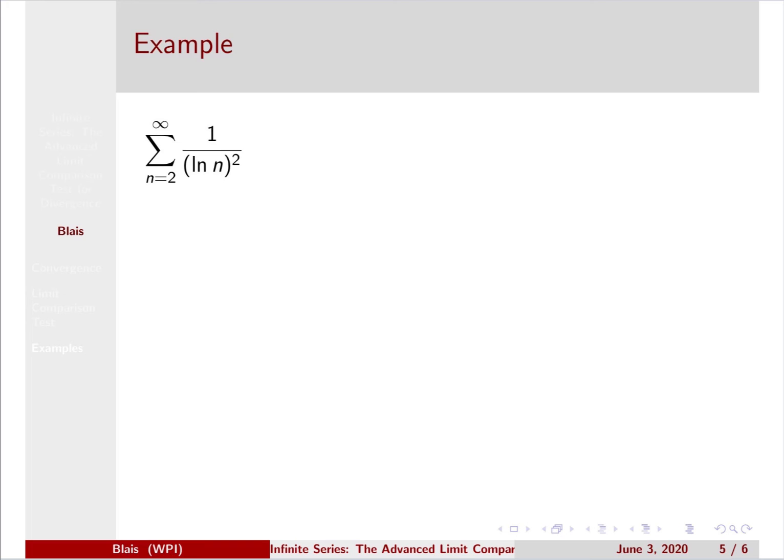In one example here, we have the sum from n equals 2 to infinity of 1 over the natural log of n squared. Notice we start at 2, so we don't have a 0 in the denominator. Well, looking at this, we think about the natural log of n.